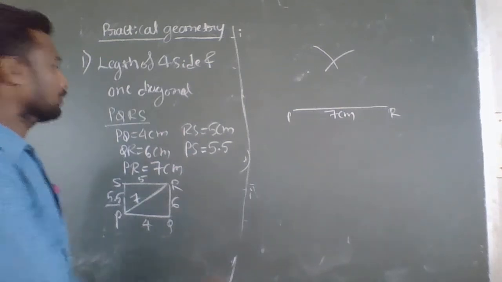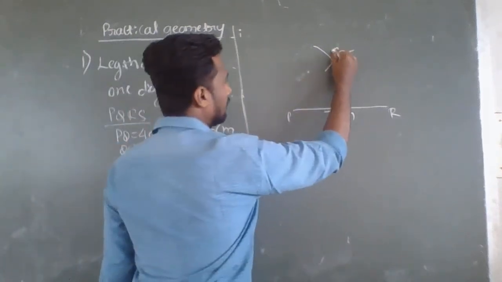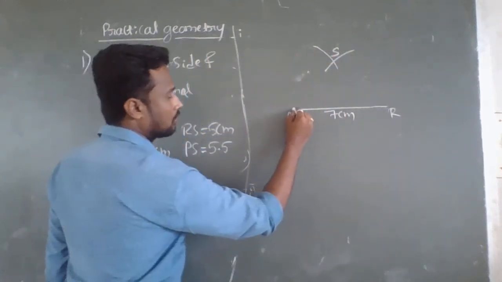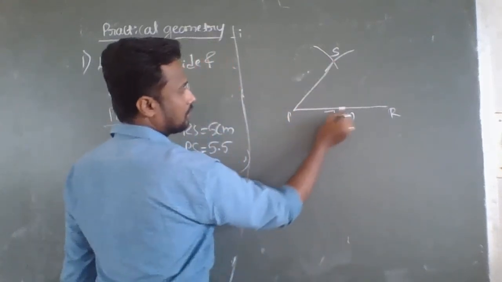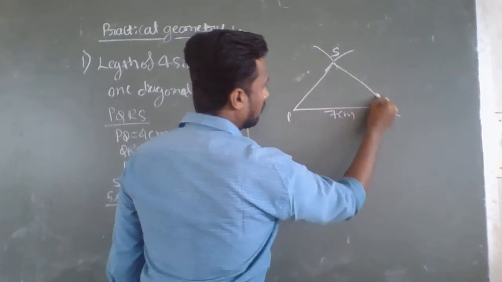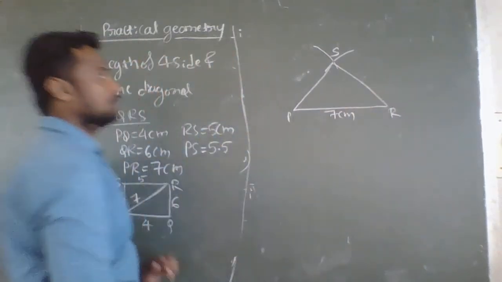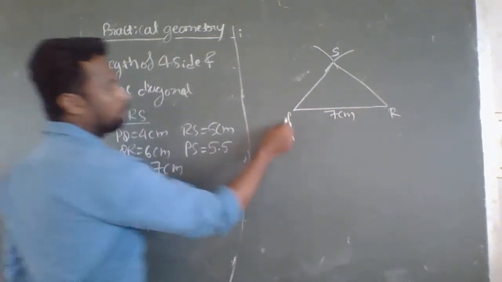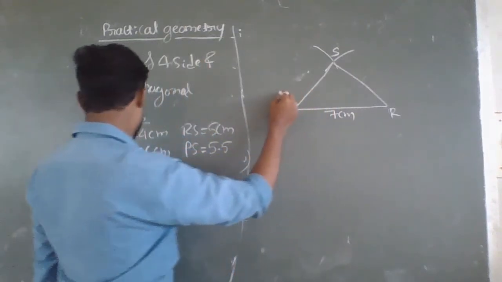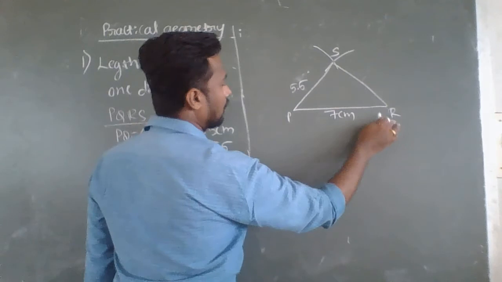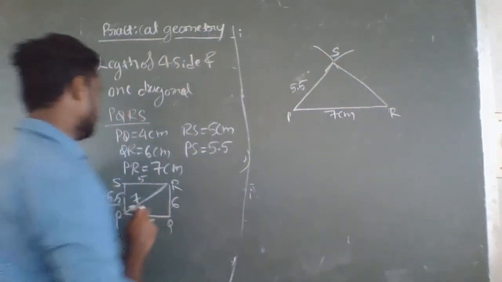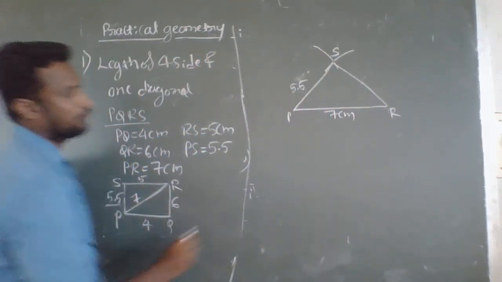Now you got the point S. Now I will join P to S and R to S. From P to S I considered 5.5 centimeters, and R to S it is 5 centimeters.